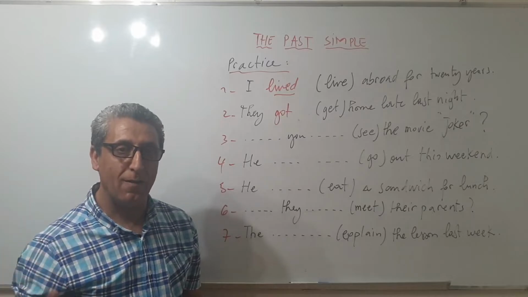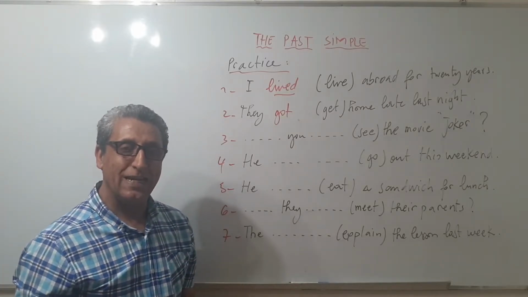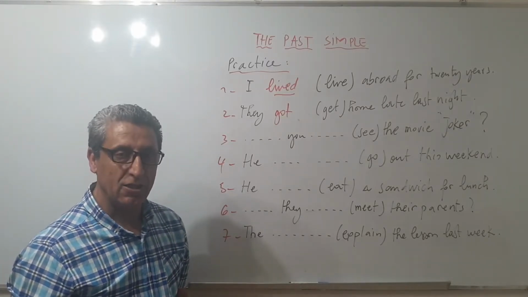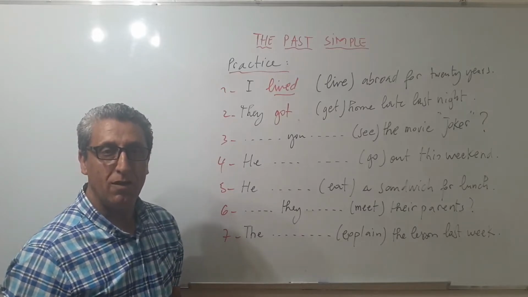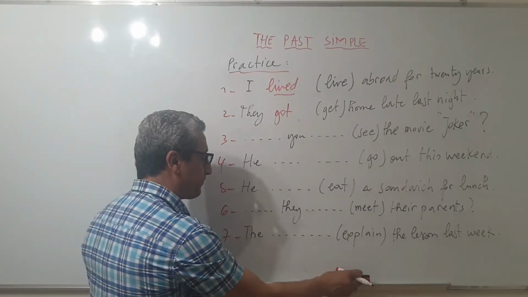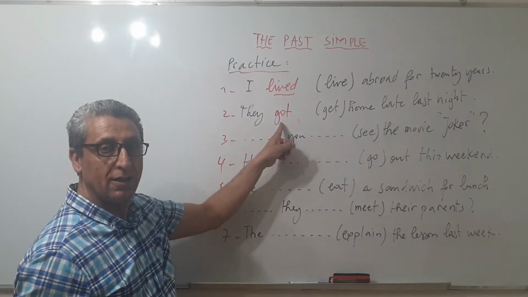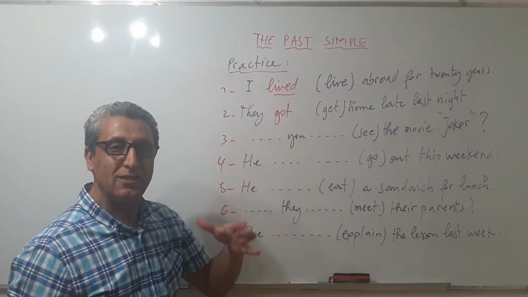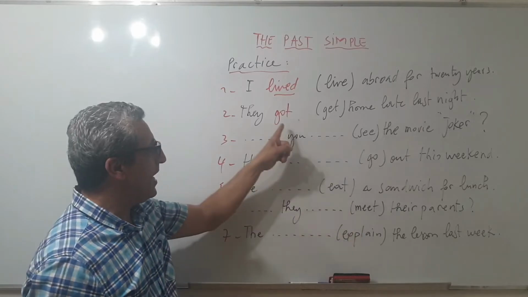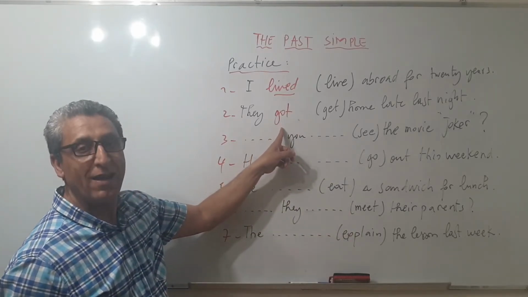Maybe they went to the cinema and they came back home very late. So we say they got home very late. As I said, got is the past tense of get, which means arrive, and it's an irregular verb.